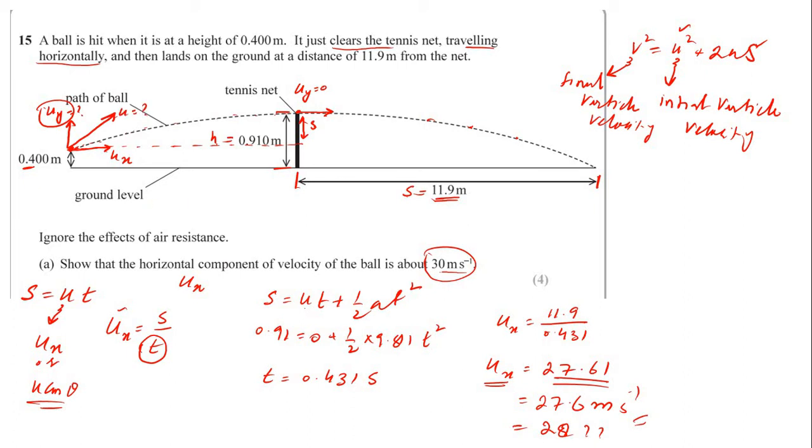Remember, this is again a typical question: whenever they ask you to find the initial velocity, not the component, that means you need to find the magnitude as well as the angle theta. Clearly, this initial velocity is the resultant of two perpendicular components.